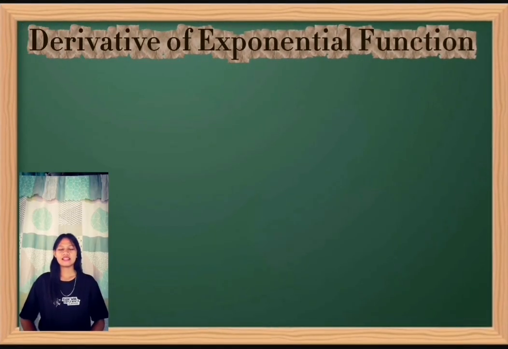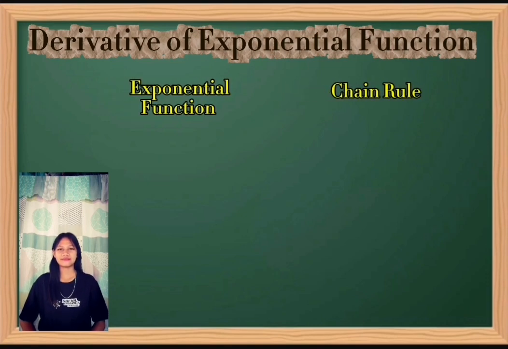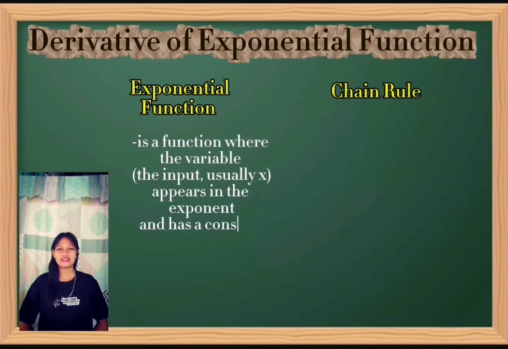But first, let's define what an exponential function and the so-called chain rule are. In mathematics, an exponential function is a function where the variable appears in the exponent and has a constant base.